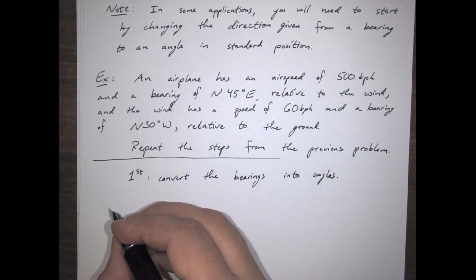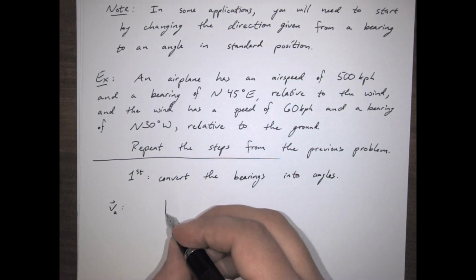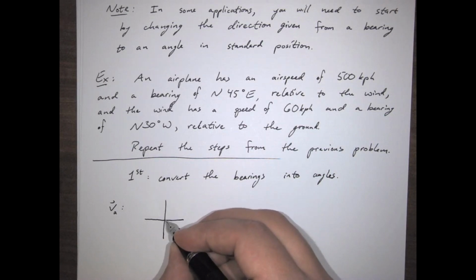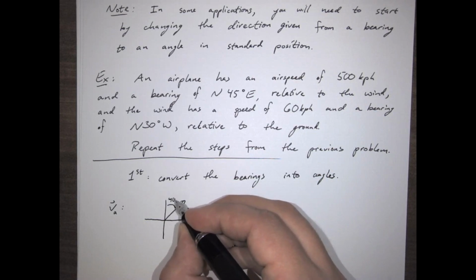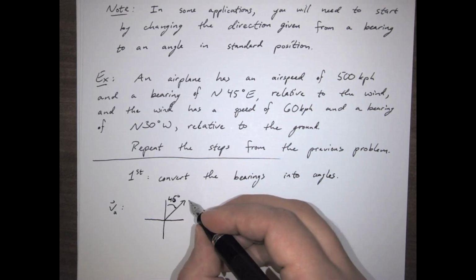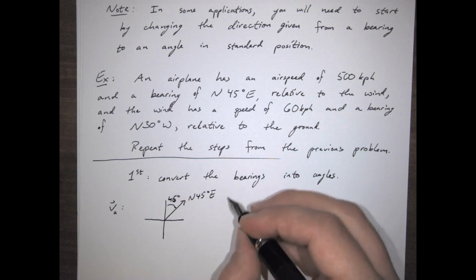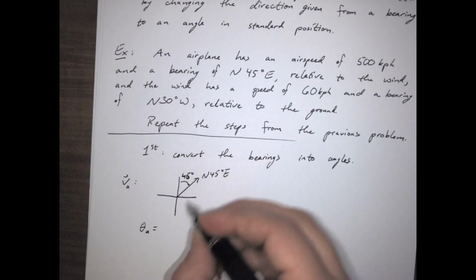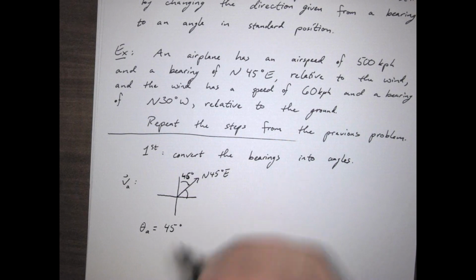So for the aircraft, north 45 degrees east. That means 45 degrees off of north in the direction of east. And so that would mean that theta for the aircraft would be 45 degrees.